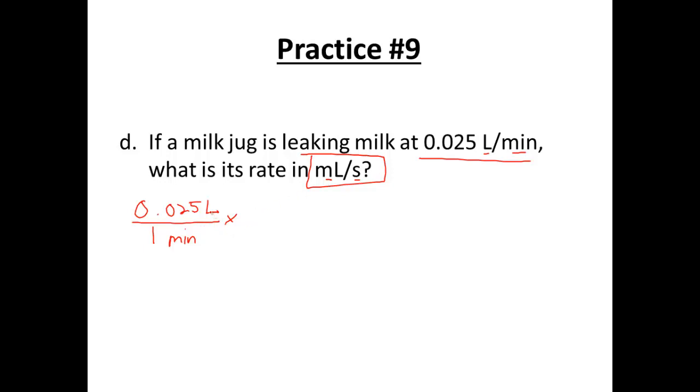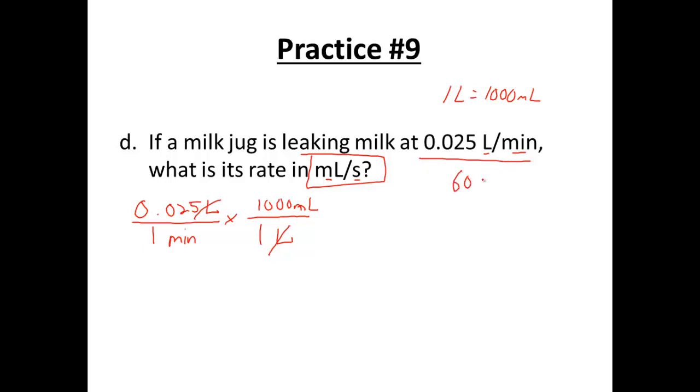So we want to go from liters to milliliters. We'll start there. So our conversion to go from liters, 1 liter would equal 1,000 milliliters. So we'll set that up. 1 liter will equal 1,000 milliliters. Why did we put it this way? So our liters can cancel our liters. Now our second step is we want to go from minutes to seconds.